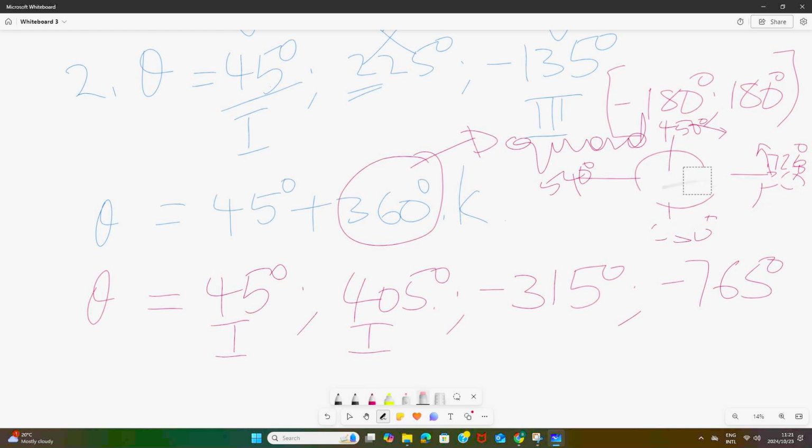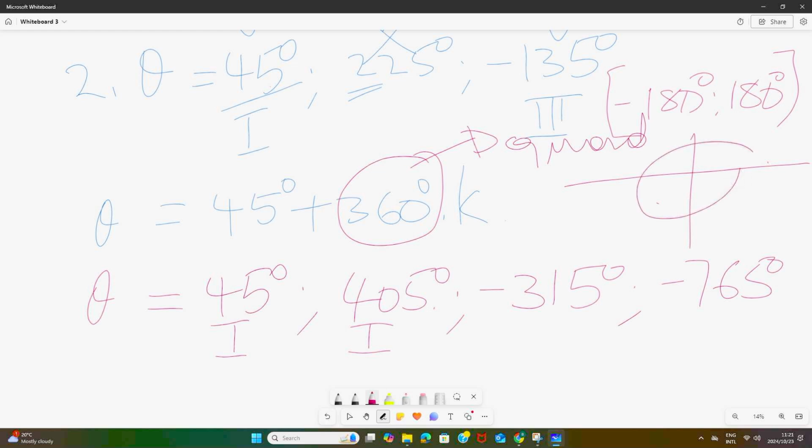Again, let us go to negative 360 degrees. For negative 360 degrees, we will have this Cartesian plane which is rotating in the clockwise direction, whereby we will have the negative 360. Here we have minus 90, minus 180, minus 270, then we'll close by negative 360. Now let us look at negative 315.